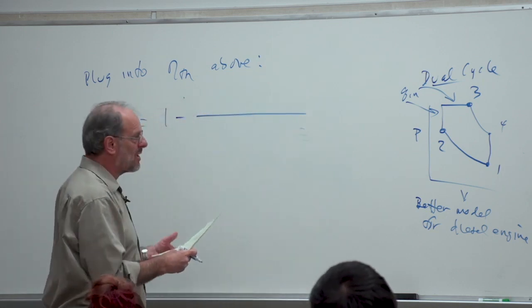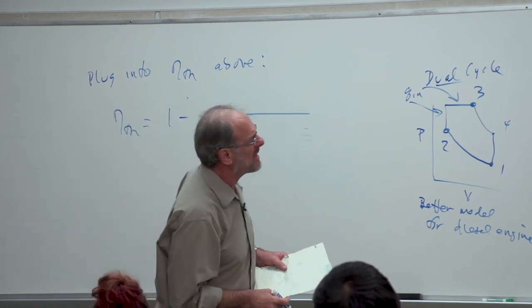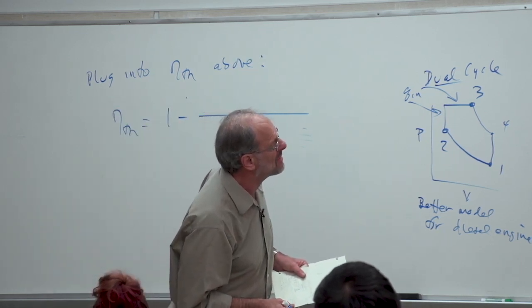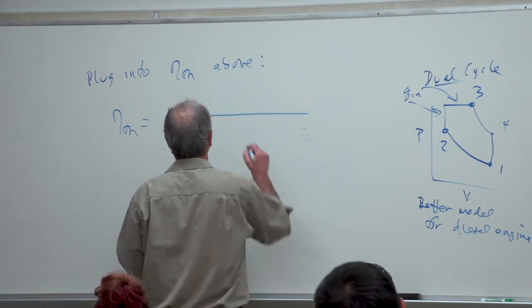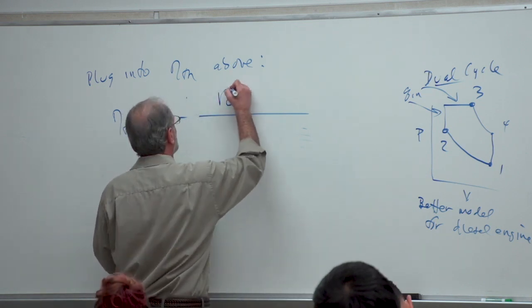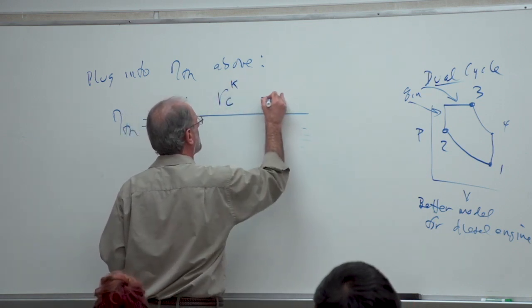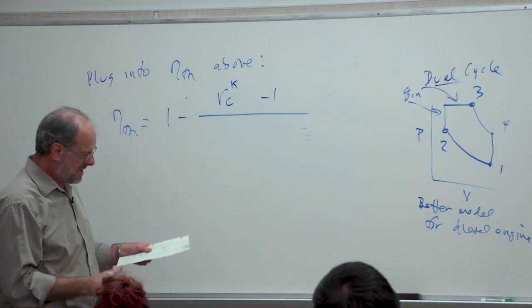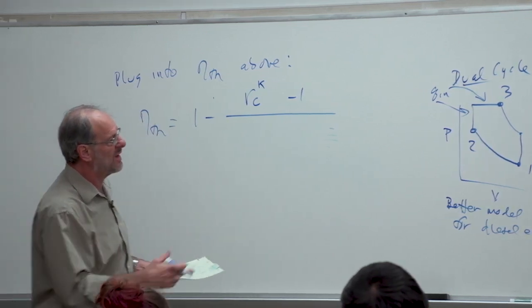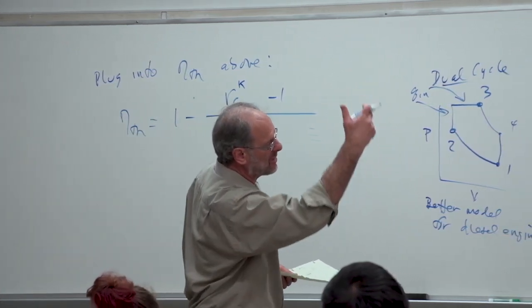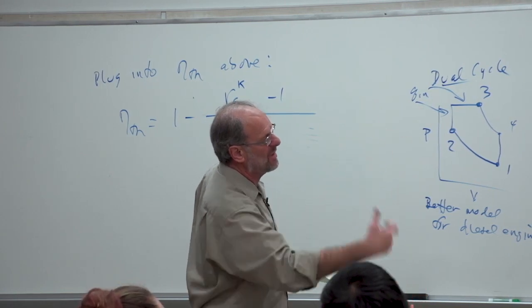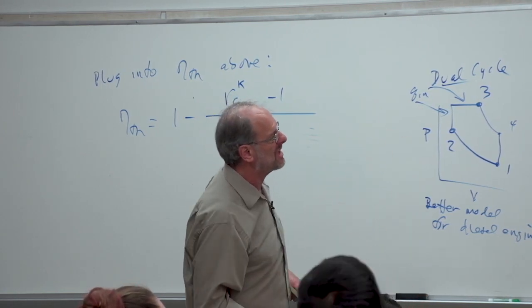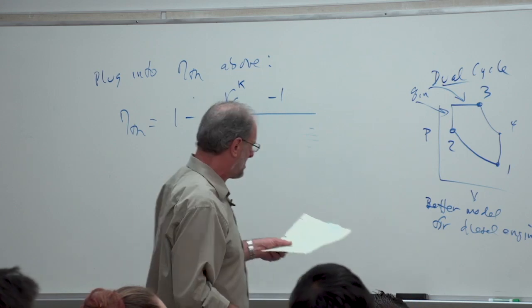Now, in the numerator, we'll just have that T4 over T1 minus 1 term. So that's just going to be the cutoff ratio raised to the k, and then minus 1. And then in the denominator, well, I show this as T1 over T2, but you could just move the T1 into the bottom of the denominator. So it really becomes T2 over T1 in the denominator.